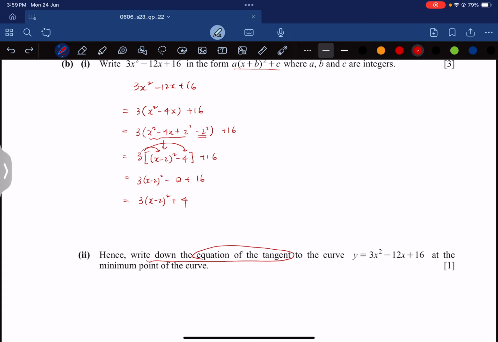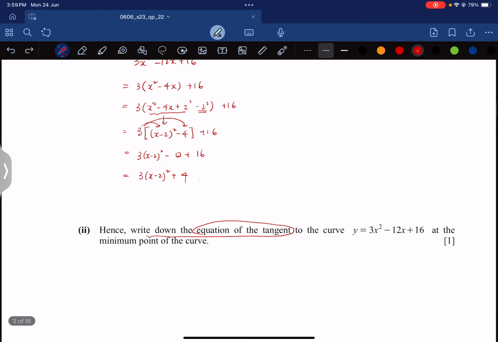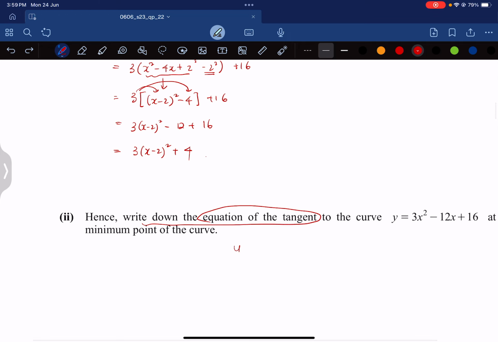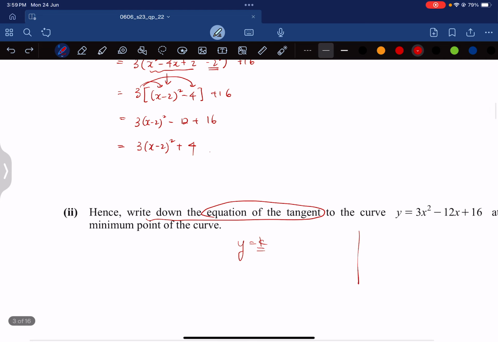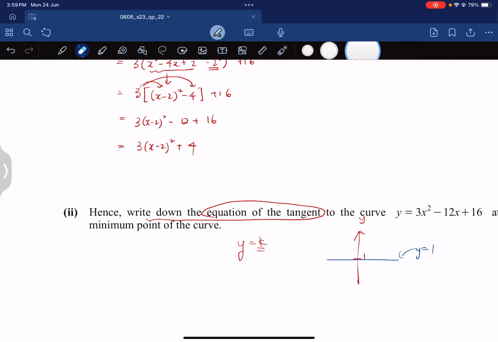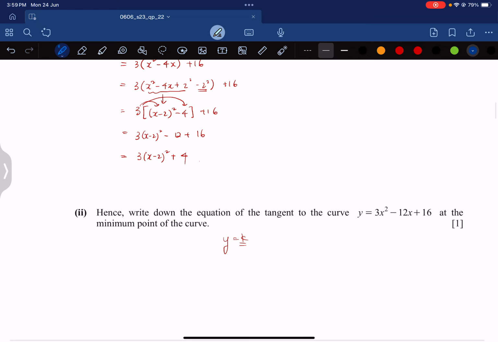Since we know that it's a horizontal line, and a horizontal line takes the form y equals k, some number, let's say y equals 1 is a horizontal line that cuts the y-axis at 1. So y equals k, and we need to determine what k is here. What is the minimum point here?